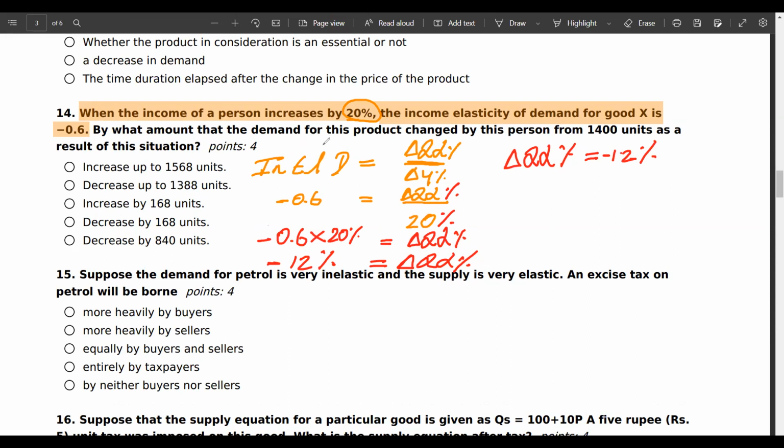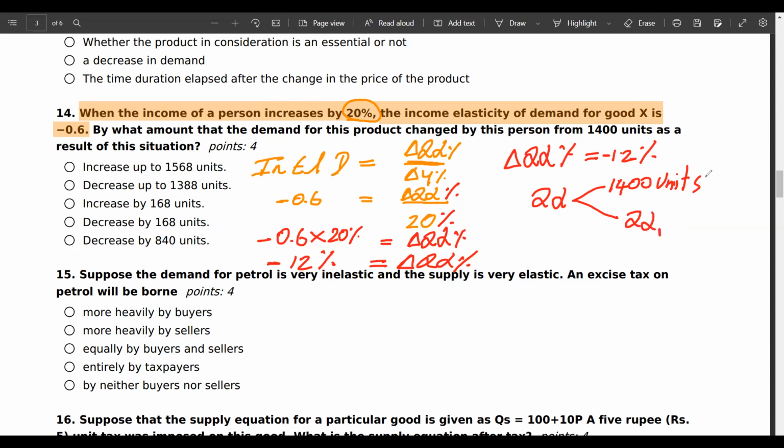Okay, then they are saying in the question, by what amount did the demand for this product change from 1,400 units as a result of this situation. So originally demand was 1,400 units. From there, demand has gone to some quantity. We don't know that, right? Let's put quantity demanded 1. So that's the new quantity demanded.